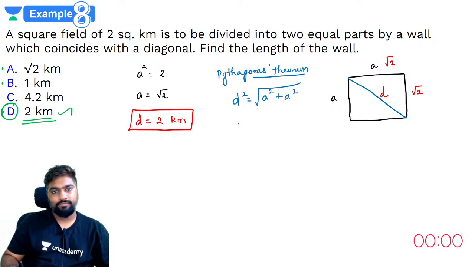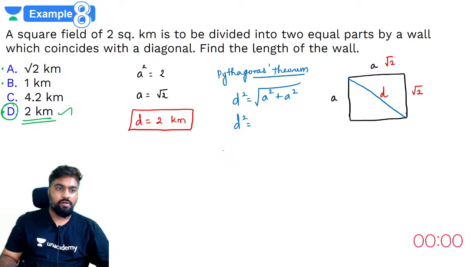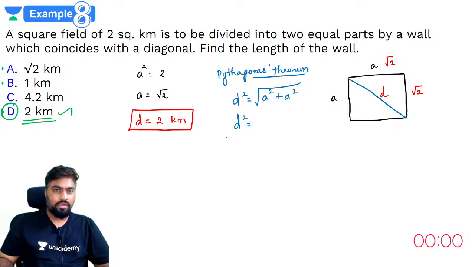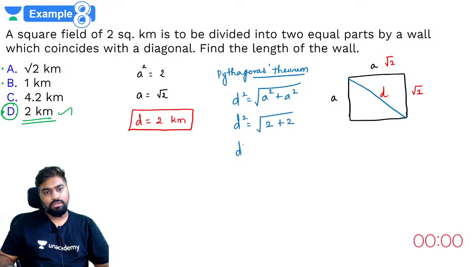Under root. Yes. So what is it? Root 2 square is 2 plus 2, under root D. D square, so D is equal to root 4, which is 2 kilometers.